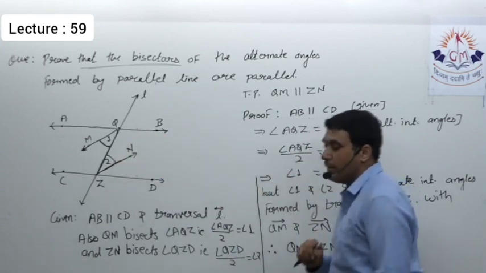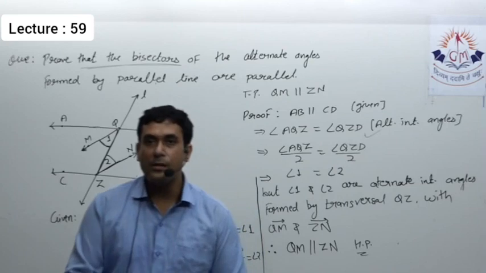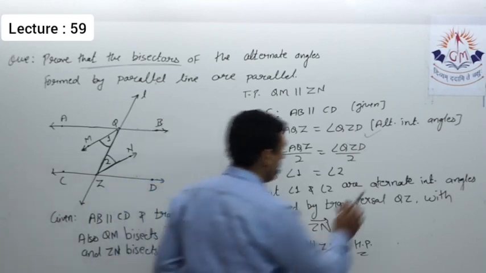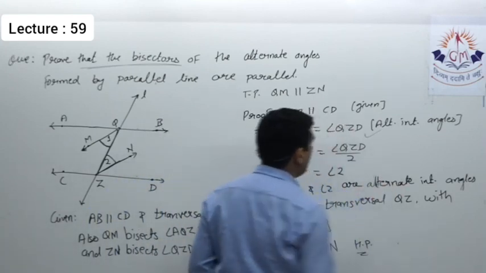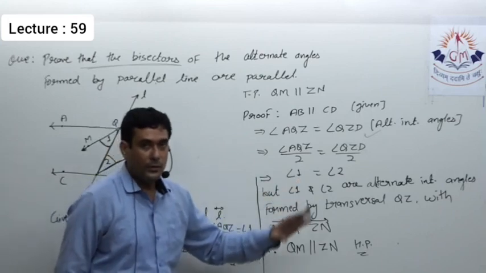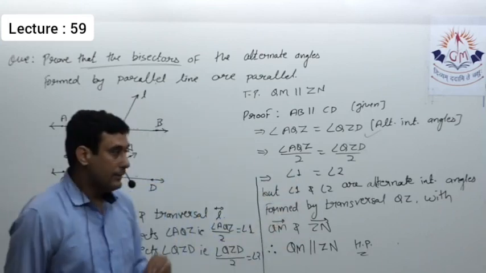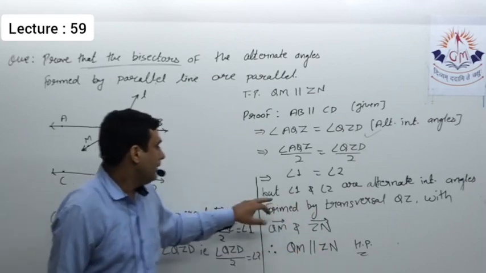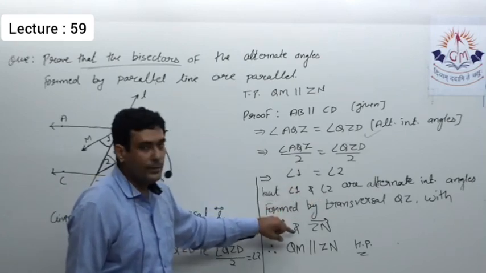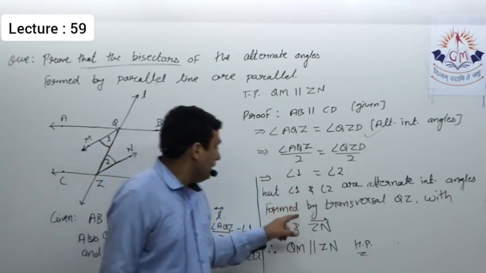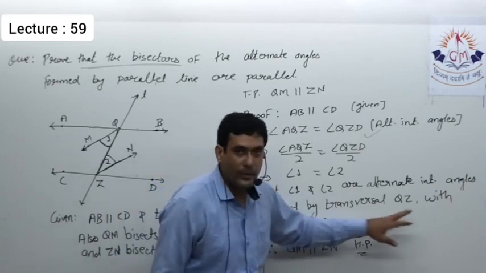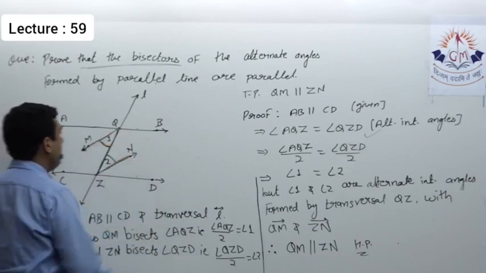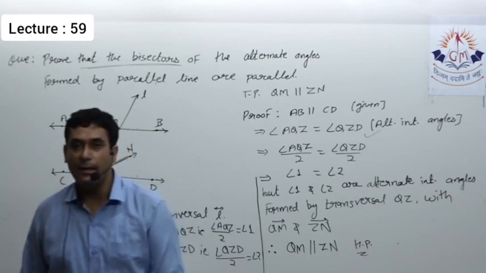So we proved 1 and 2 are equal, and they are alternate interior angles. When alternate interior angles are equal, the two lines by which those angles are made will be parallel. These two angles are formed by transversal QZ with lines QM and ZN. That's why we can say QM is parallel to ZN.